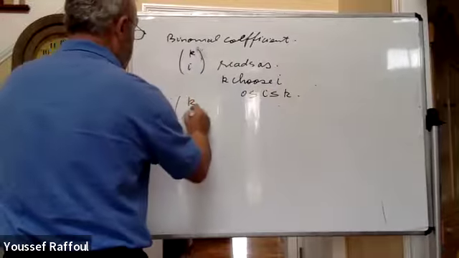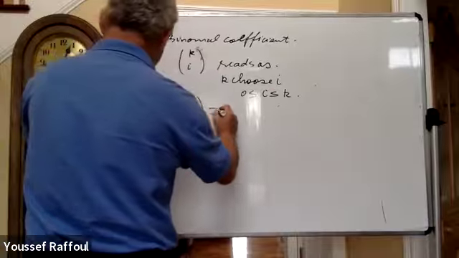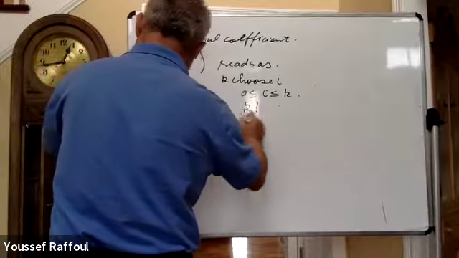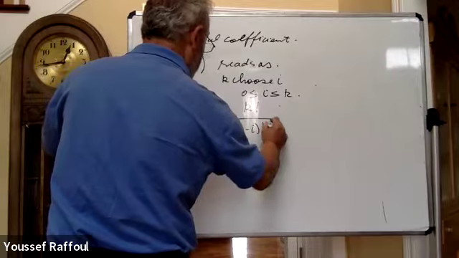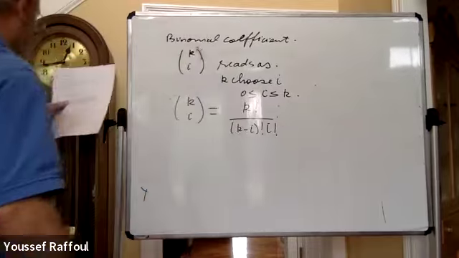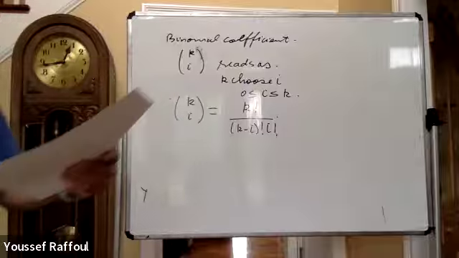And so k i is k factorial over k minus i factorial, i factorial.